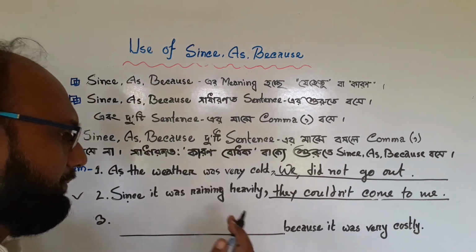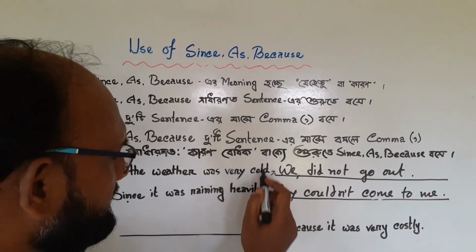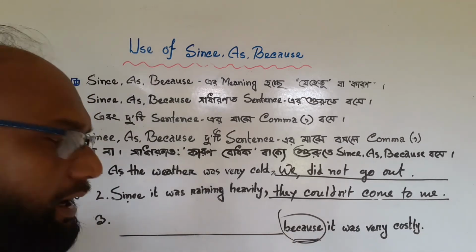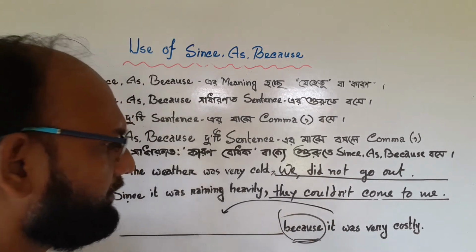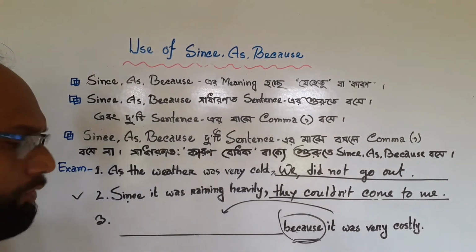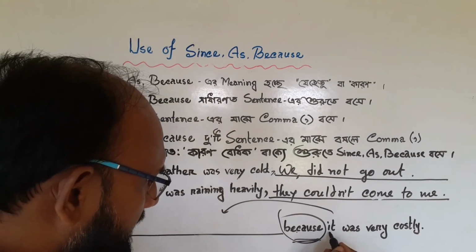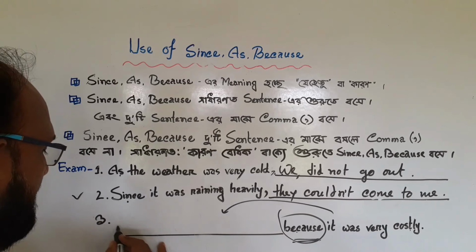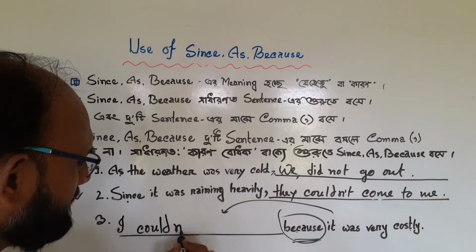If since, as, because are used between the sentences, we will not use any comma. Now we will fill up this sentence with a suitable sentence. Because it was very costly. Now we will write a sentence. Because it was very costly, I couldn't, or could not.